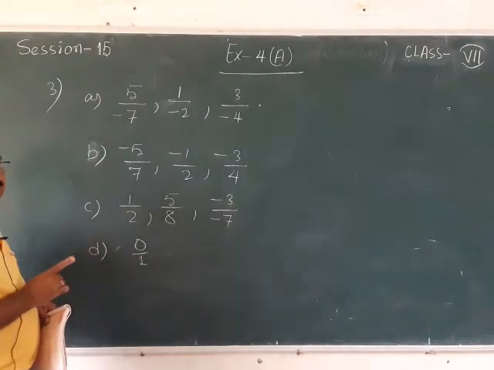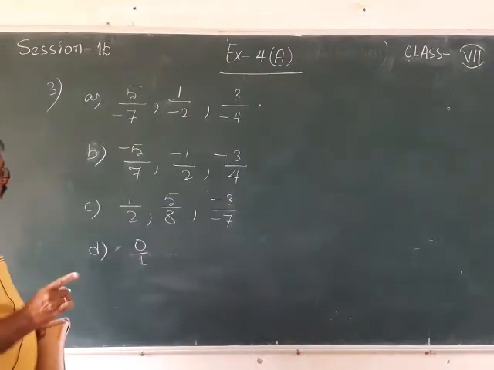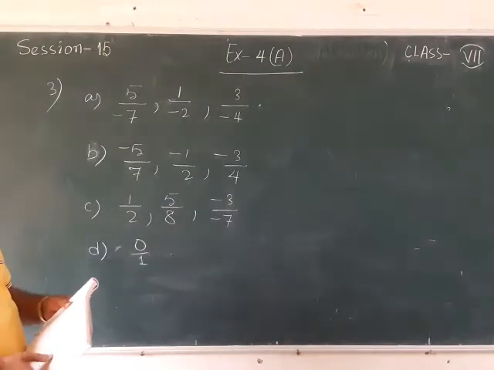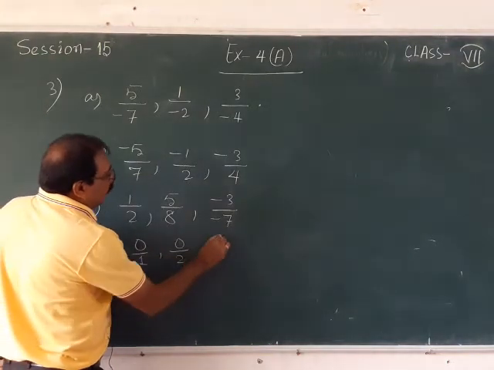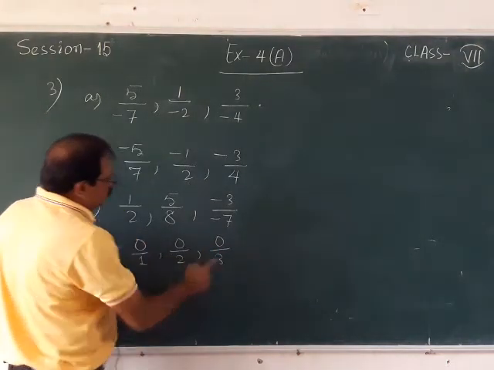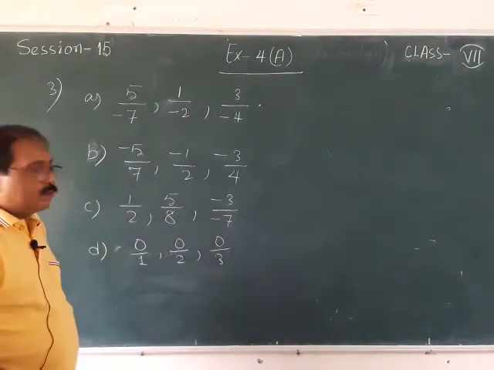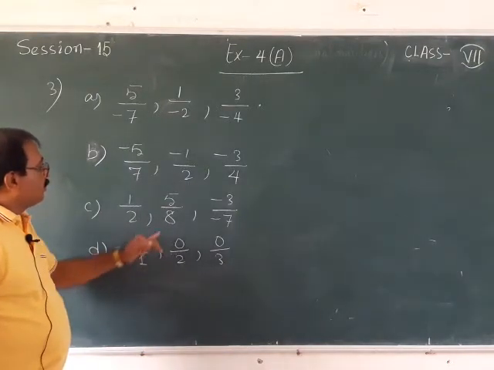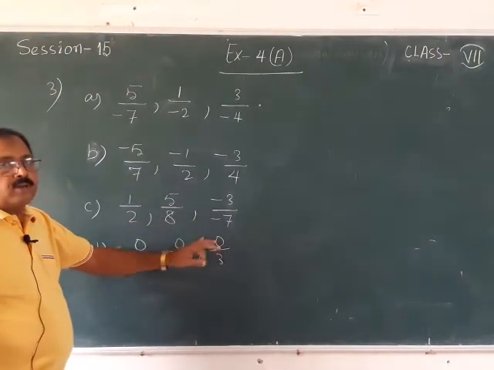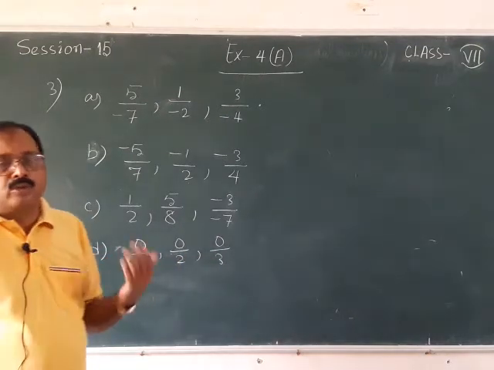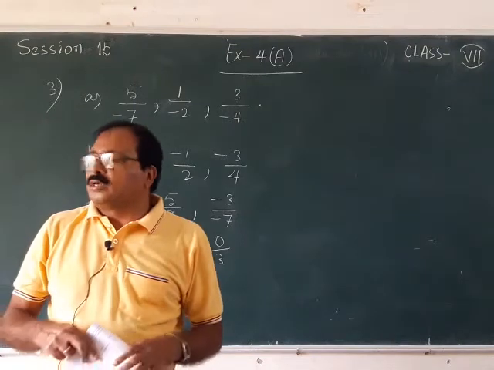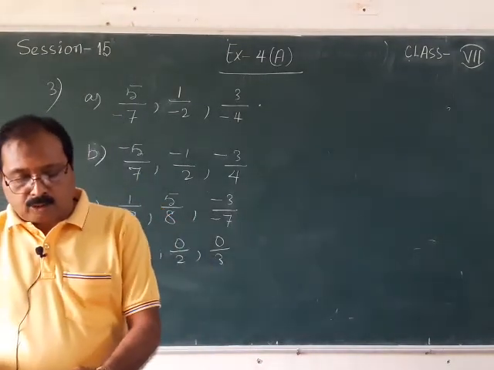So here you can see that 0 is neither a positive number nor a negative number. I can write 0 upon 2, I can write 0 upon 3. So its value will be 0 itself. Ultimately all these numbers are 0, and 0 is the answer to such questions.